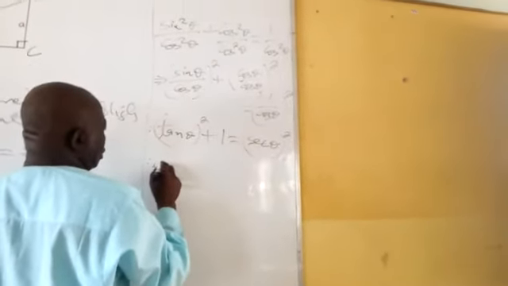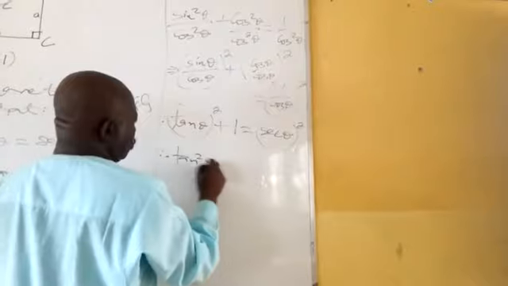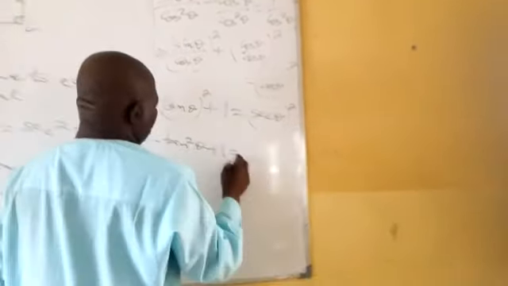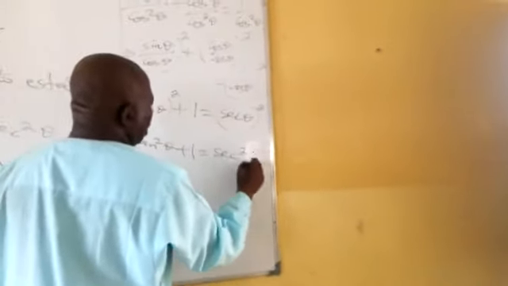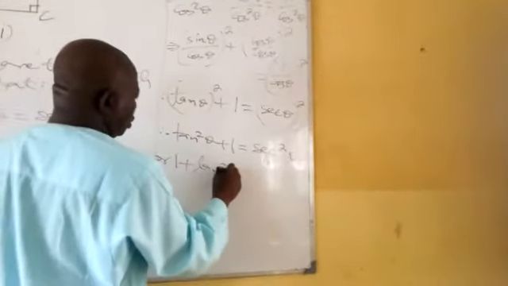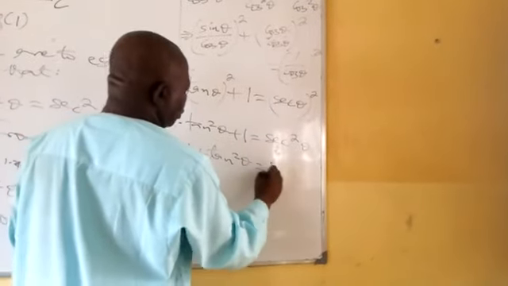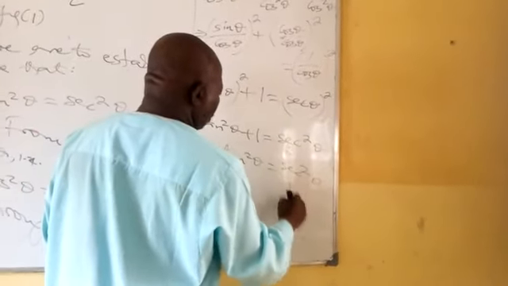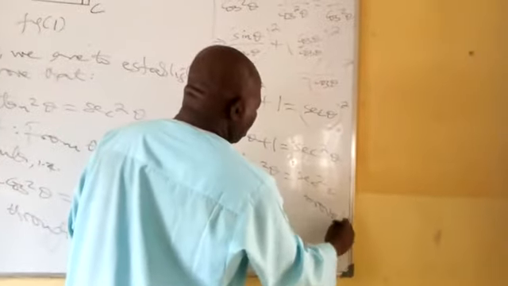Therefore, I can now conclude that tan square theta plus 1 is equal to sec square theta, or 1 plus tan square theta is equal to sec square theta. Proved. So that second formula has been established.